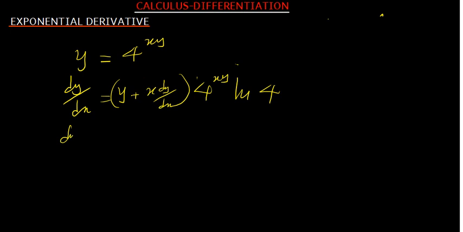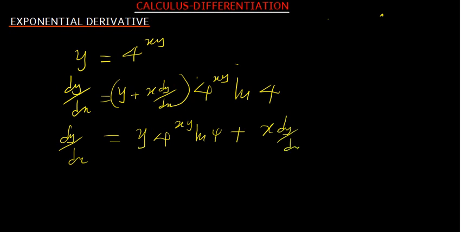That will give us dy over dx is equal to y multiplied by that, which gives y 4 to the power xy natural log of 4, plus x dy over dx 4 to the power xy natural log of 4.